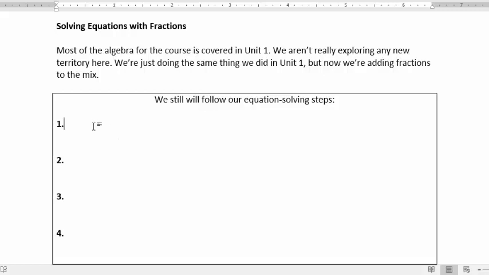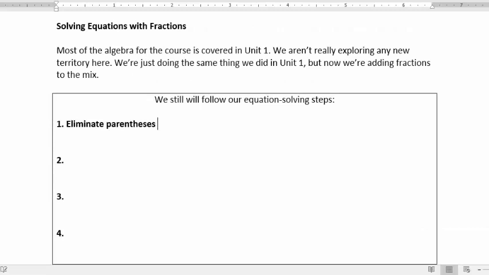If you remember what our equation solving steps were, so if we had an equation that had parentheses, the first thing we'd want to do is eliminate the parentheses by distributing, right? So once we had the parentheses gone, then we'd want to combine like terms that are on the same side of the equation.